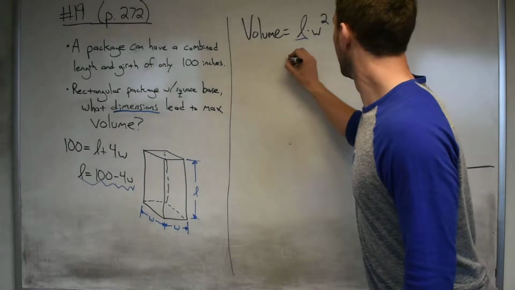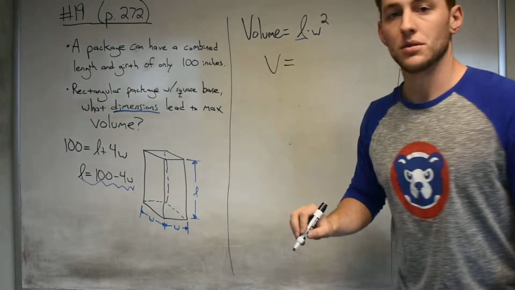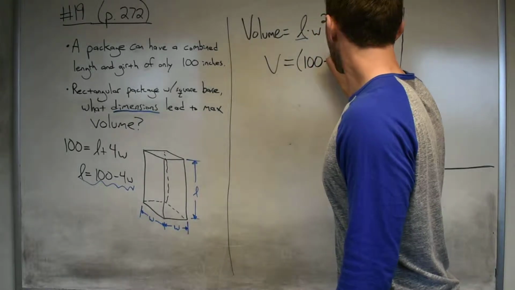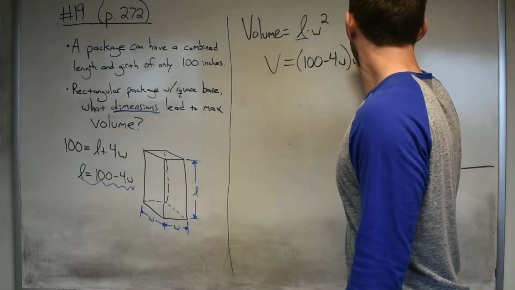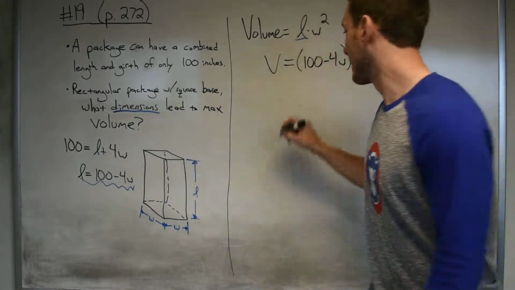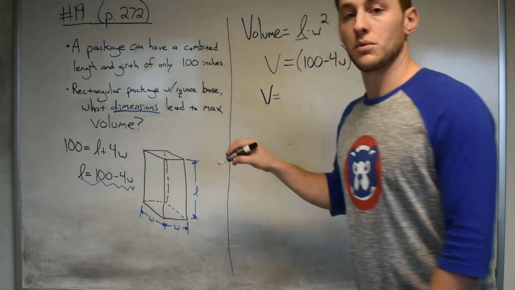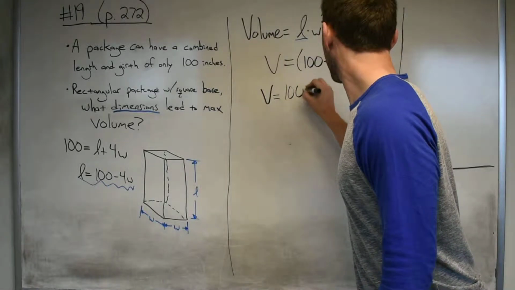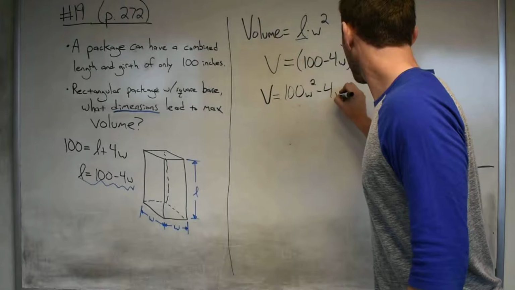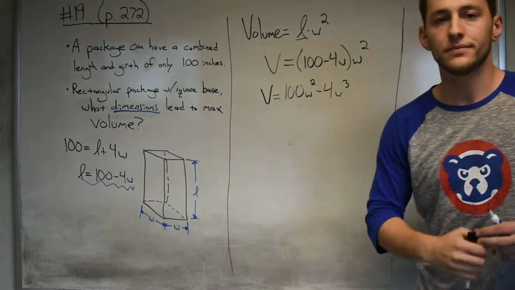So volume better actually be equal to, subbing in for L, 100 minus 4W, all times W squared. Or, simplifying out, volume better equal 100W squared minus 4W cubed.